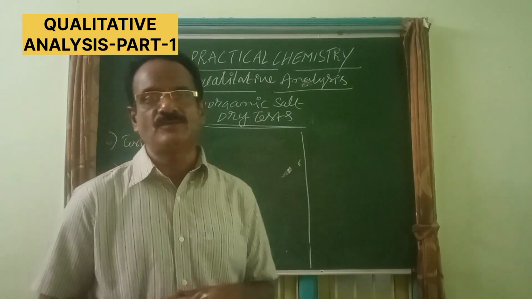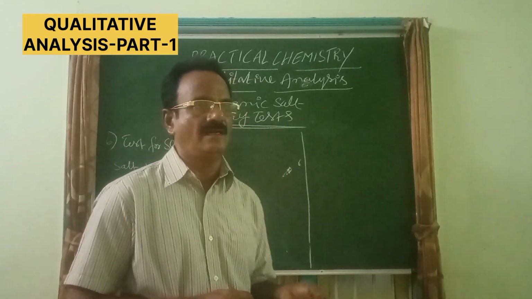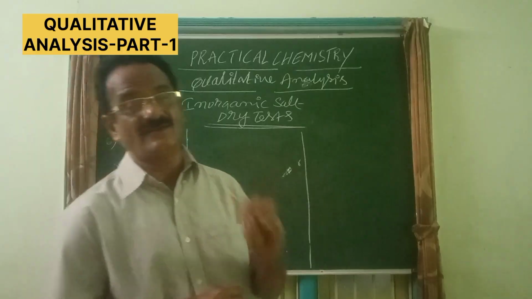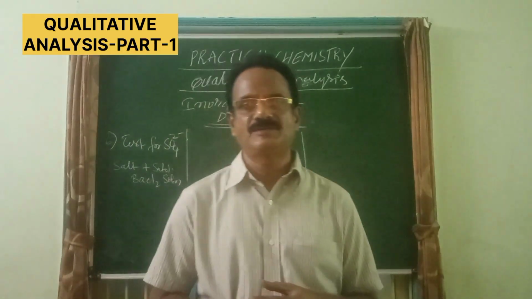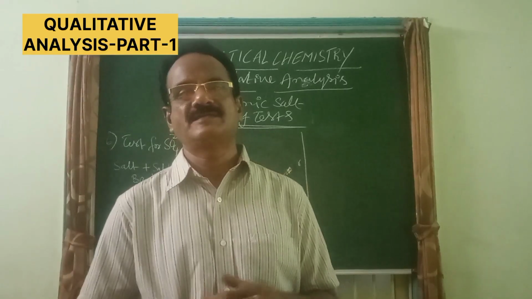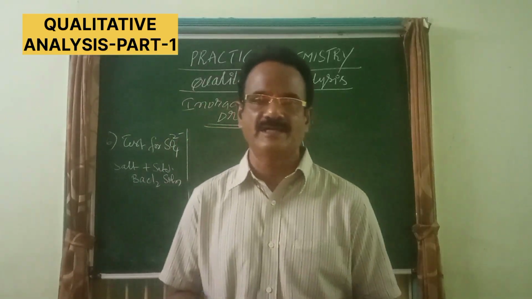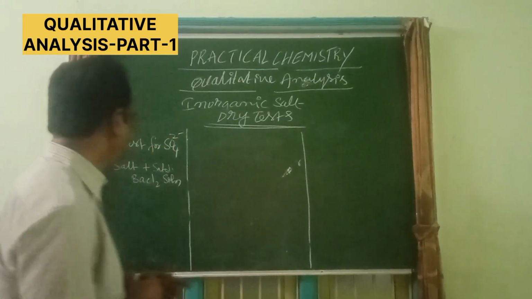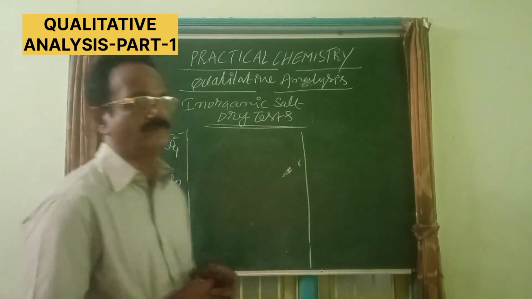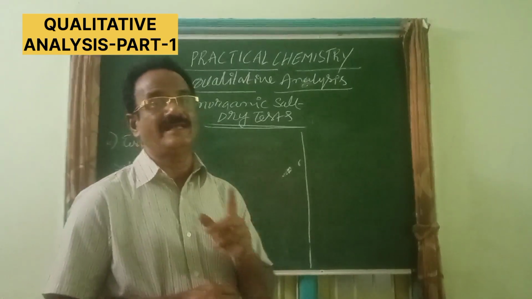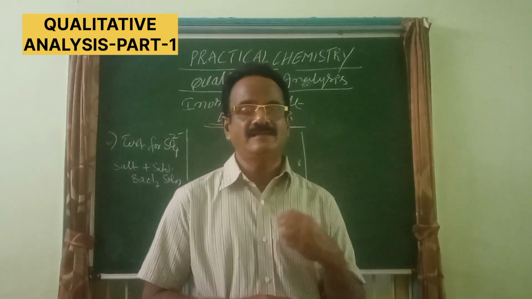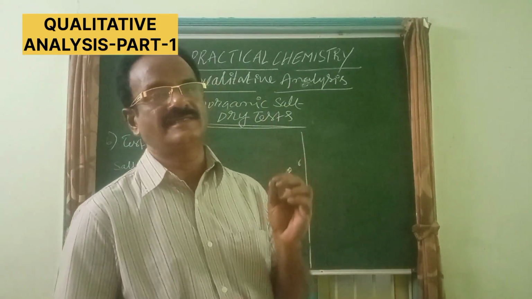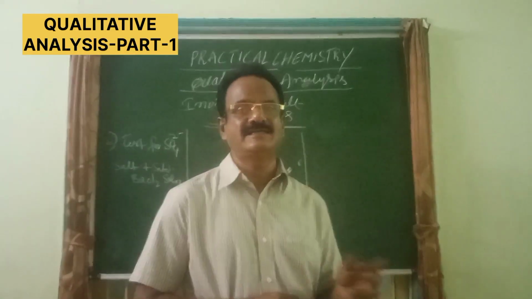So such type of solution, when some extent of barium chloride remains undissolved at the bottom, is said to be saturated barium chloride solution. So by adding that saturated barium chloride solution, the supernatant of that solution is to be added, keep in mind.